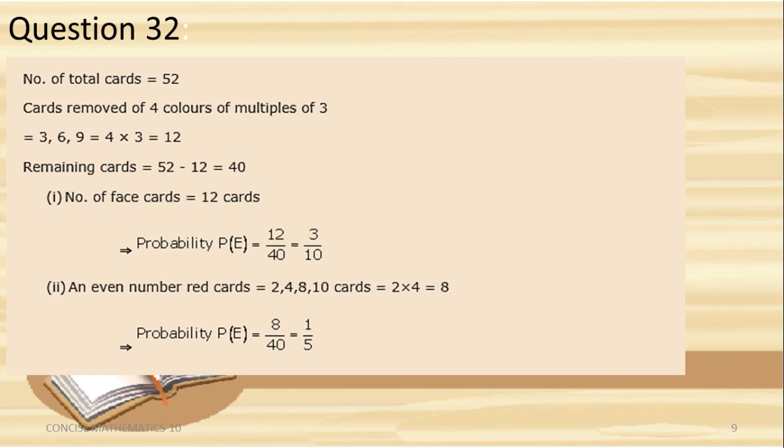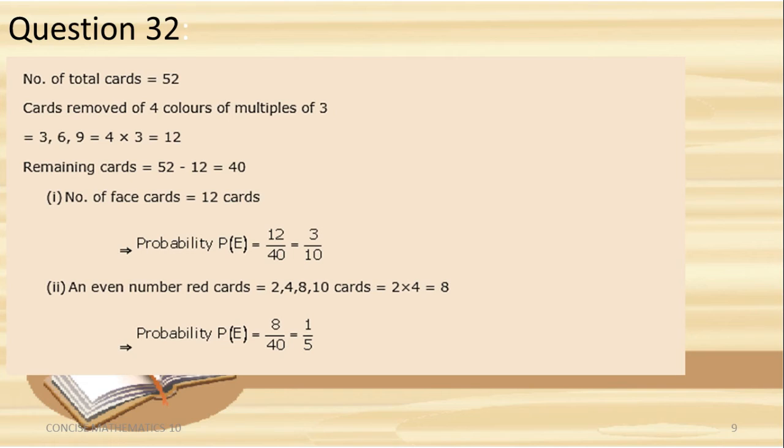And the second sub-question is an even numbered red card. There are only 2 categories of red cards, and the even numbers among them are 2, 4, 6, 8, 10. But 6 is already removed, so we cannot consider 6. Be careful at this point, children.